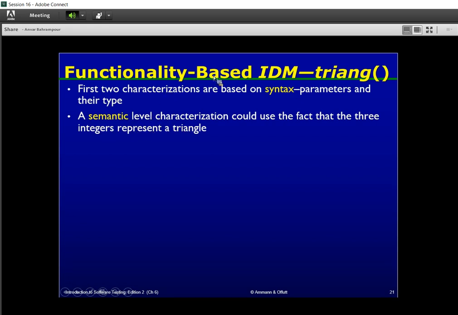In functionality-based modeling, we use this level of characterization.